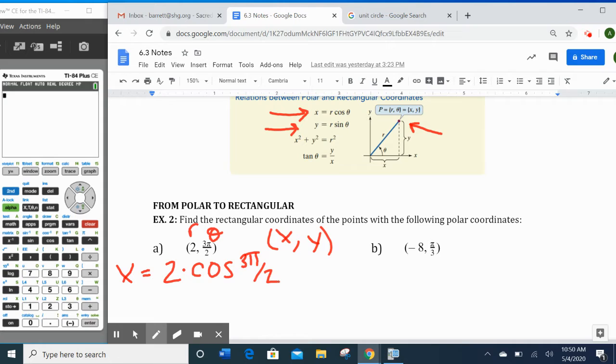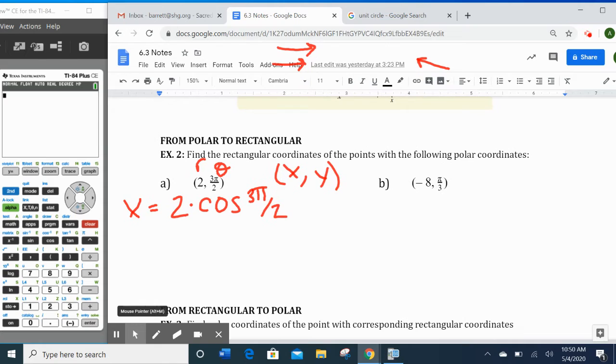Some of these are going to come out to be whole numbers when you type them on your calculator, and that's fine. But I think they're going to want fractions with roots in them potentially, as opposed to decimals from your calculator. So I would just say use your calculator with caution. I would rather you use your unit circle.